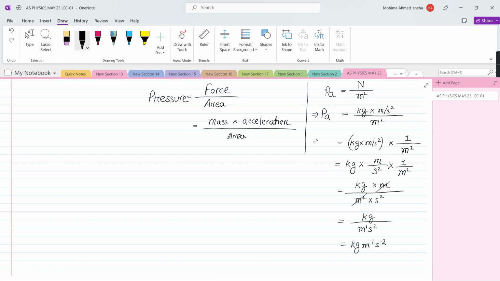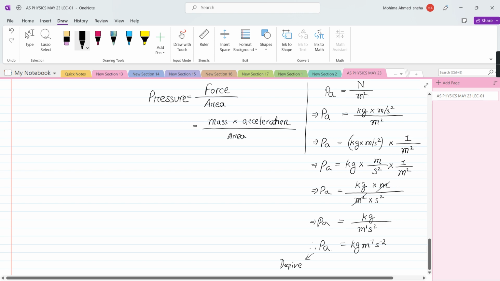So what does Pascal stand for? This is the base unit for Pascal. 1 Pascal is equal to 1 Newton per meter square, or you can write 1 Pascal is equal to kg per meter per second square. This is the derived version, and this is the base version.